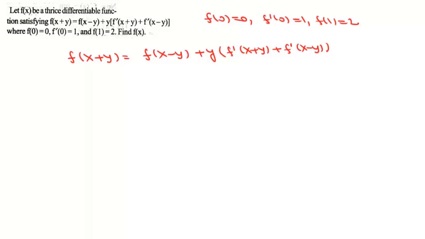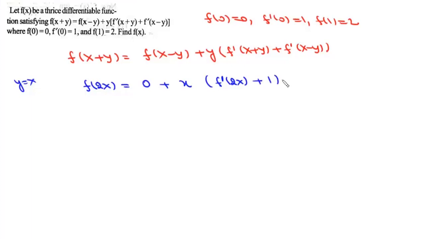Now what we'll do is, for this question, we'll put y as x. If we put y as x, then we'll get f(2x) as f(0), which is 0, plus x into [f'(2x) plus f'(0)], and f'(0) is 1.